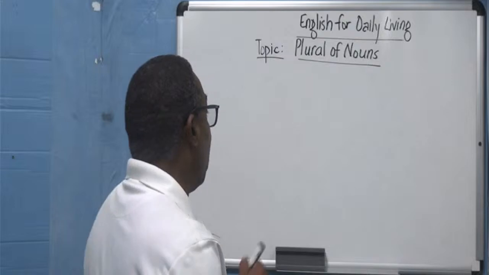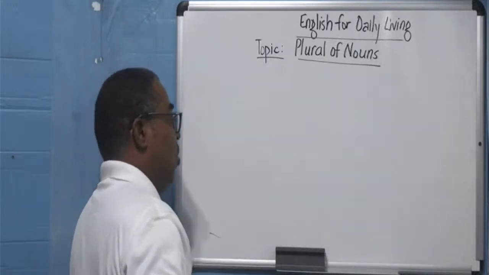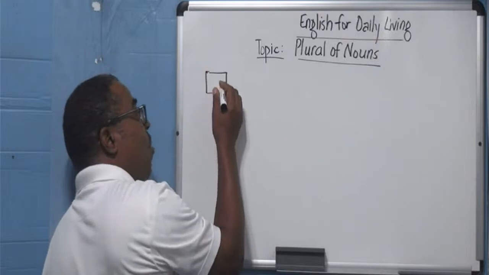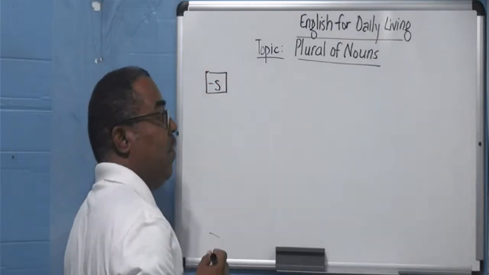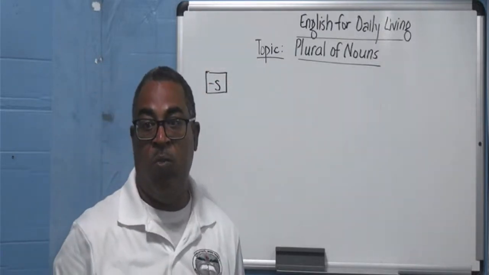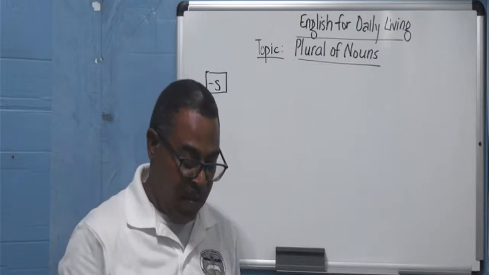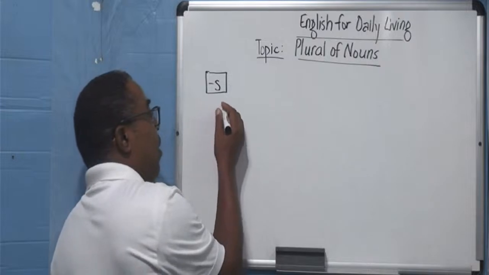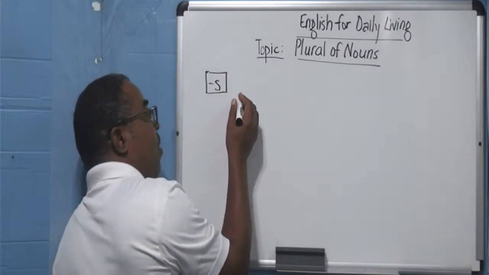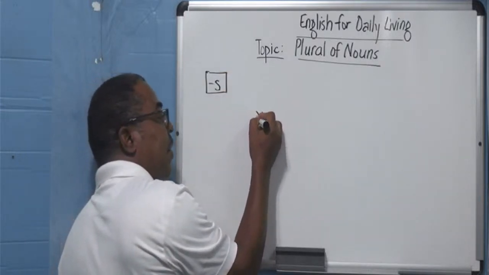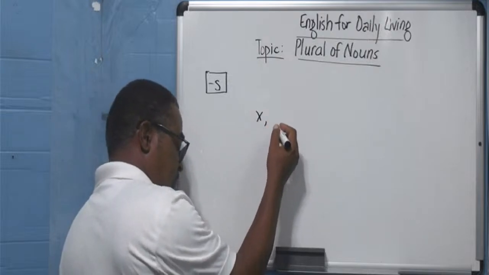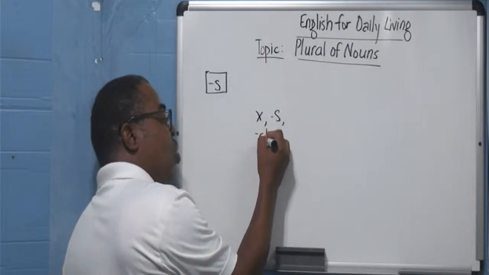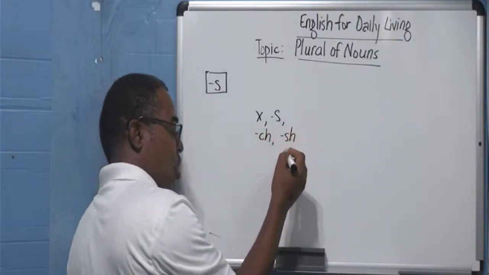Now, in the first instance, we're going to look at nouns in general. To form the plural, for most nouns, we add S. And then in the second bracket, we're going to talk about nouns that end in X, those that end in S, those that end in CH, SH.